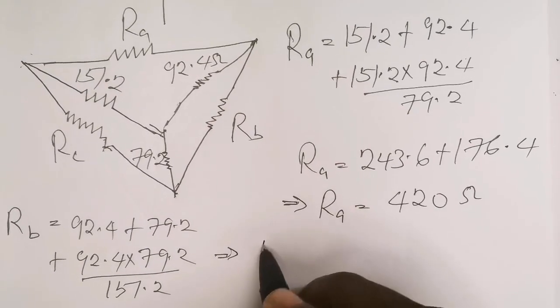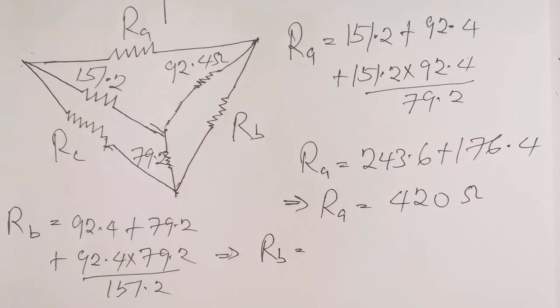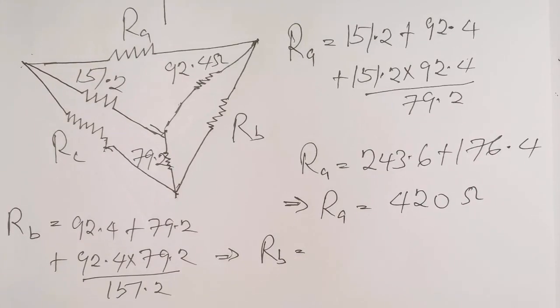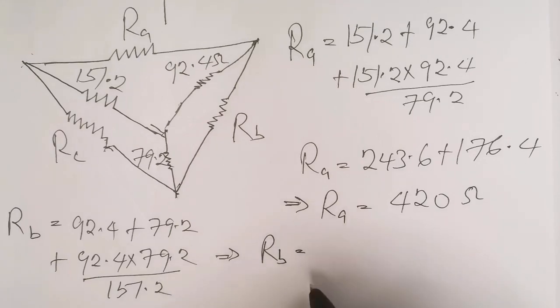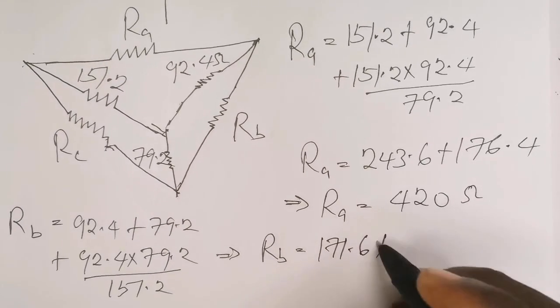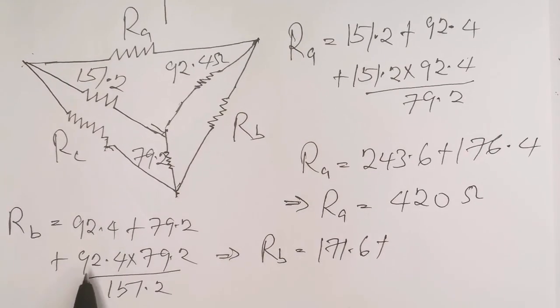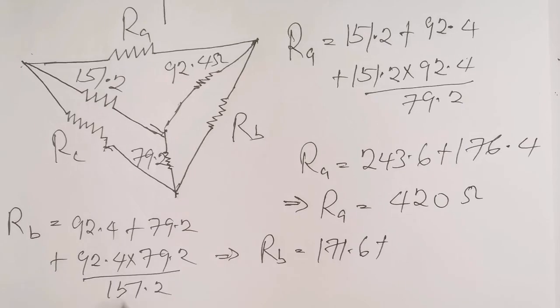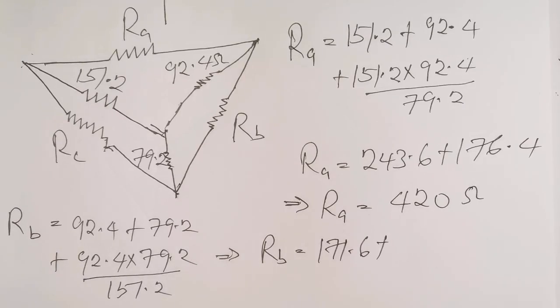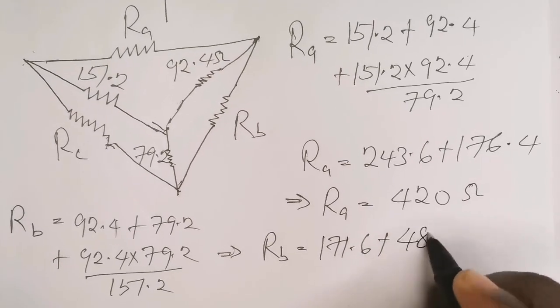This implies RB is equal to, so let's find the summation. 92.4 plus 79.2 gives us 171.6. We have 171.6 plus, now let's find this product. 92.4 multiplied by 79.2 divided by 151.2 gives us 48.4.